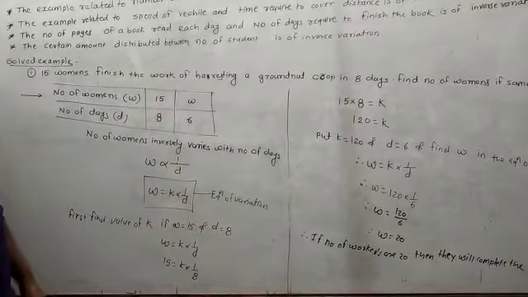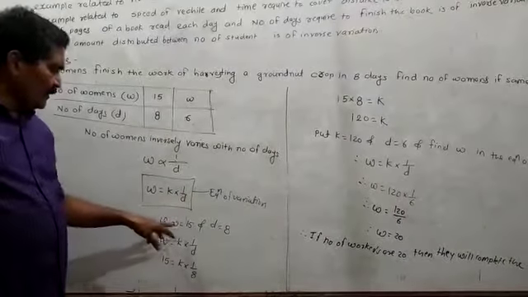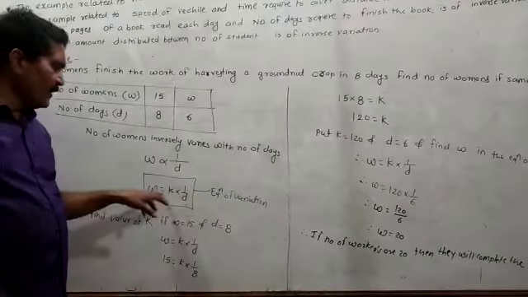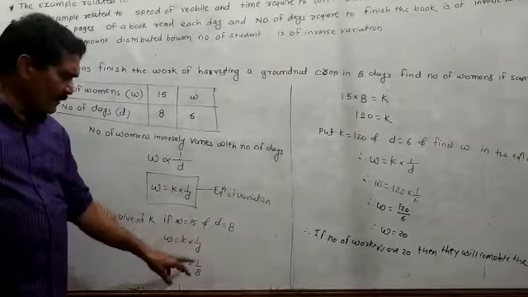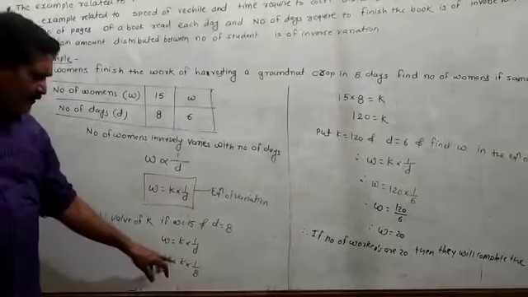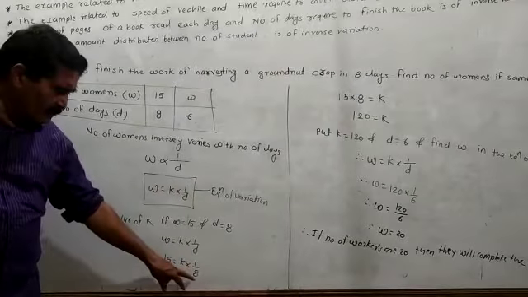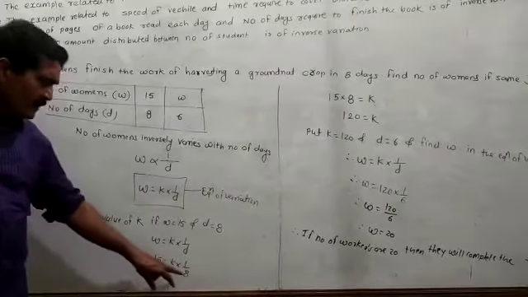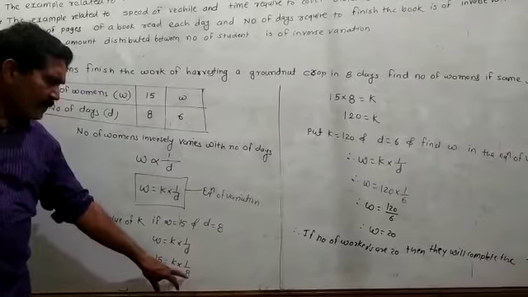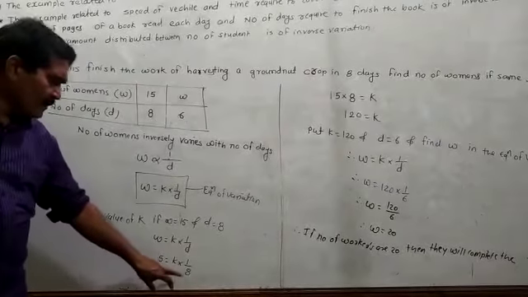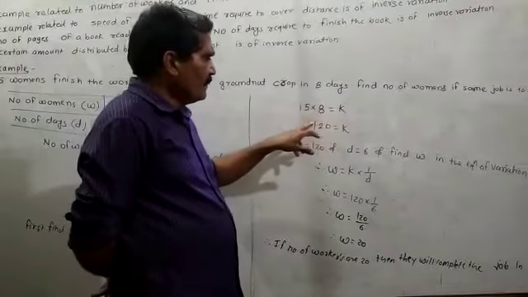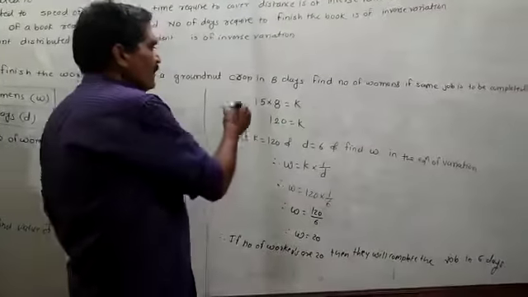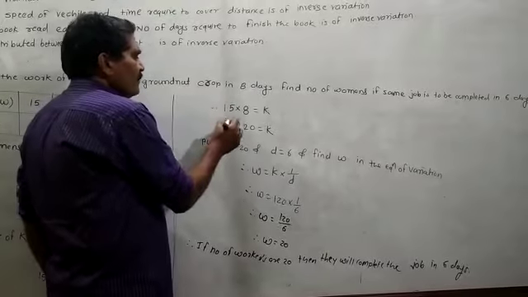Put W equal to 15 and D equal to 8 in the equation of variation, W is equal to K into 1 upon D. So 15 is equal to K into 1 upon 8. Transposing, divided by 8 becomes multiplied by 8. 15 multiplied by 8 is equal to K. Then 120 is equal to K. Therefore K is equal to 120.